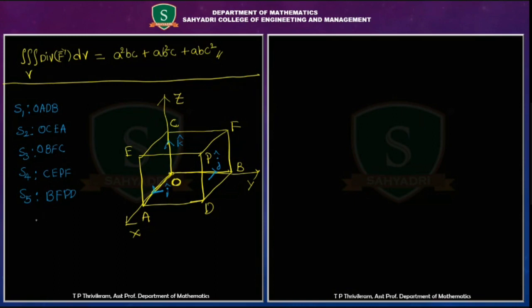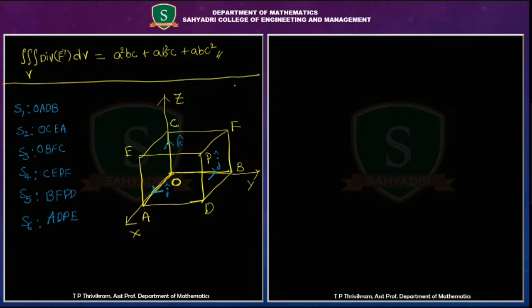Next, S6 is nothing but ADPE. So ADPE means the box face on your side, this side. After identifying each and every face, you need to perform integration along these surfaces.